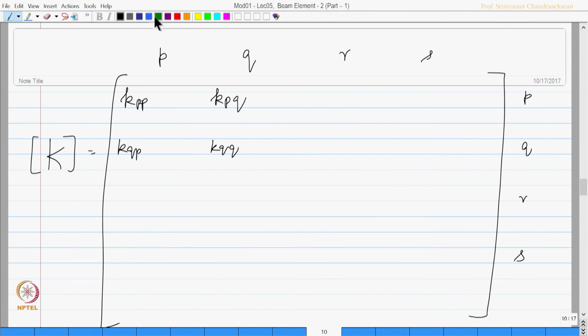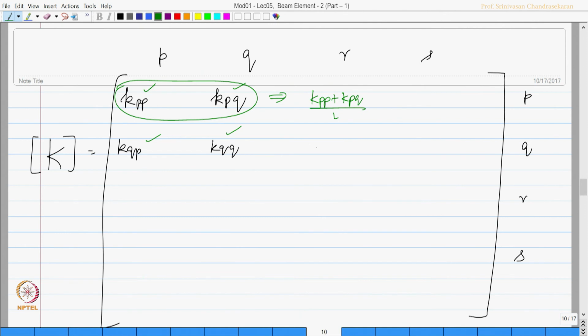I evaluate only this 4, okay. Remaining are derivable very simply. This is K P P plus K P Q by L, that is sum of these two, okay.